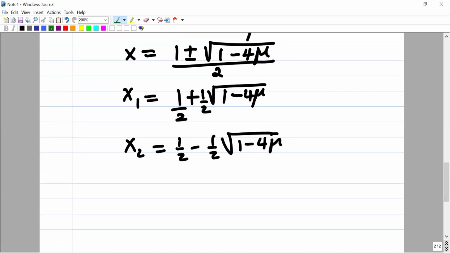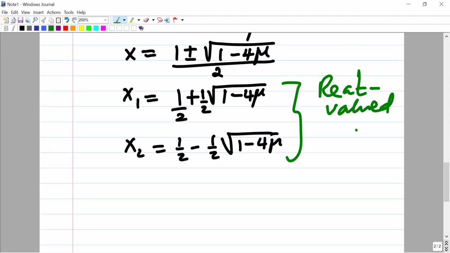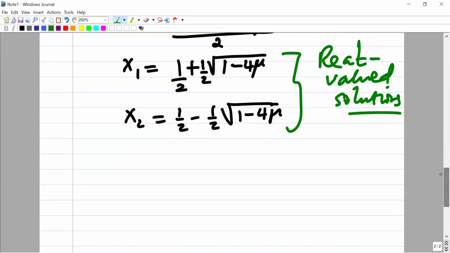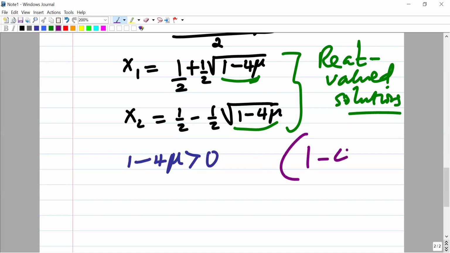Now, we are interested in real valued solutions. Whenever we deal with square roots, for us to get real valued solutions, we need to make sure that 1 minus 4 mu is greater than 0. But we can also have 1 minus 4 mu greater than or equal to 0.